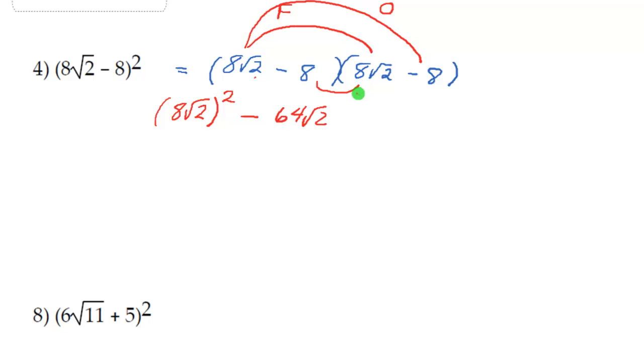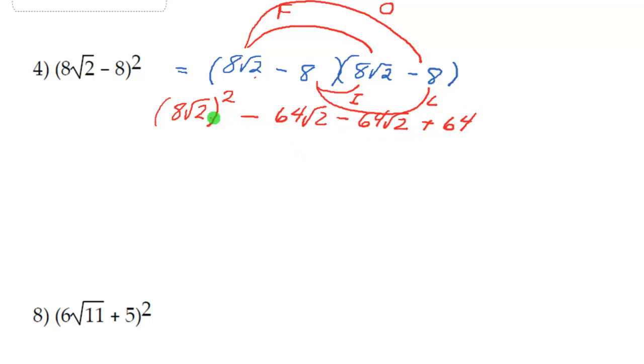And then the inners, which is a negative 8 times another 8 square root of 2, is another negative 64 square root of 2. And then the last, which will be this negative 8 times this negative 8, is a positive 64.